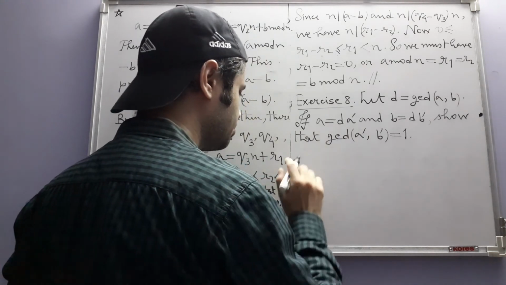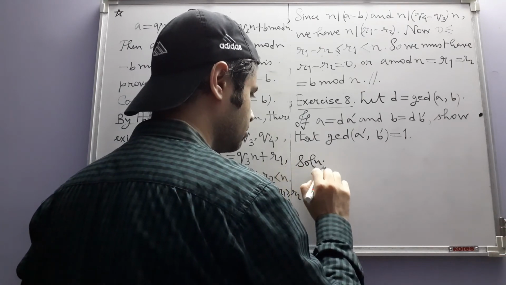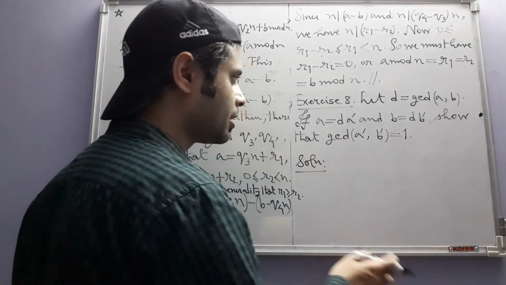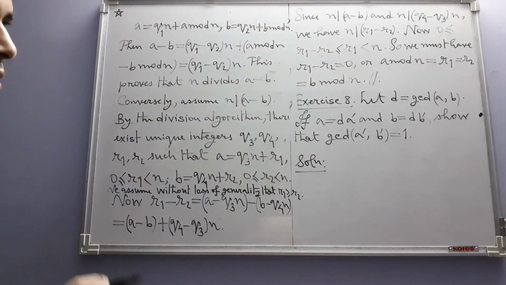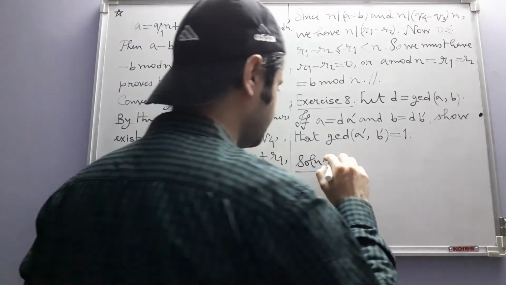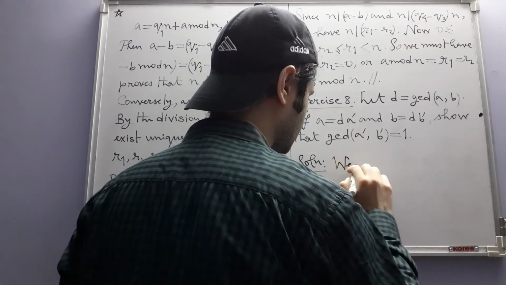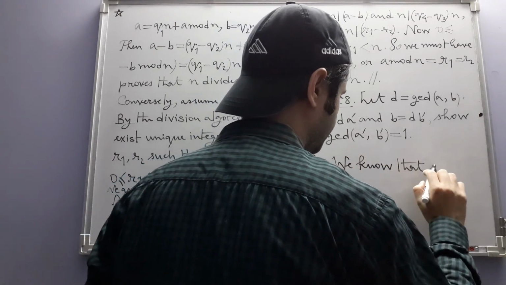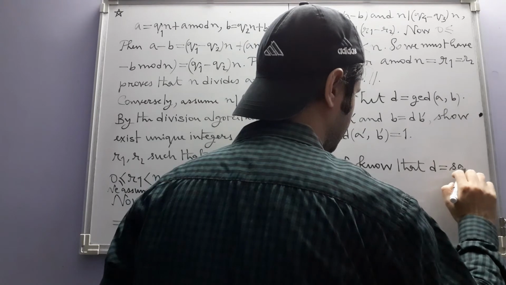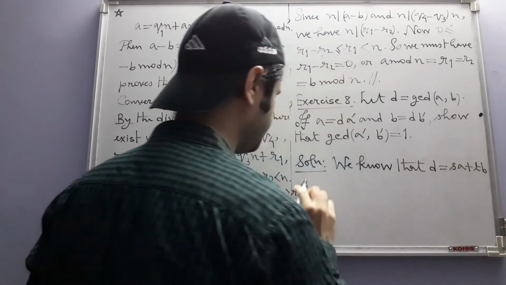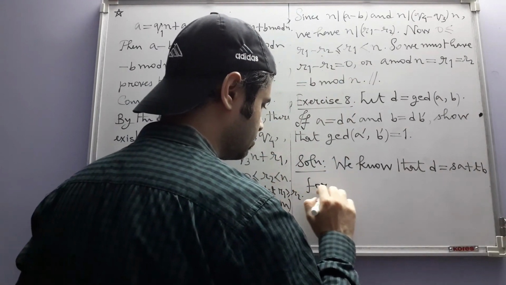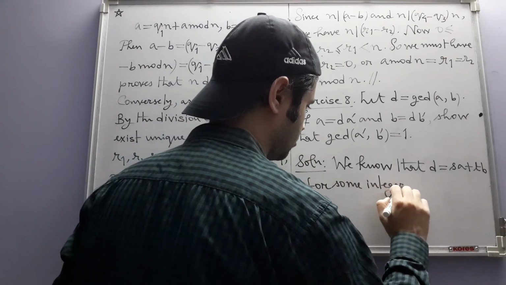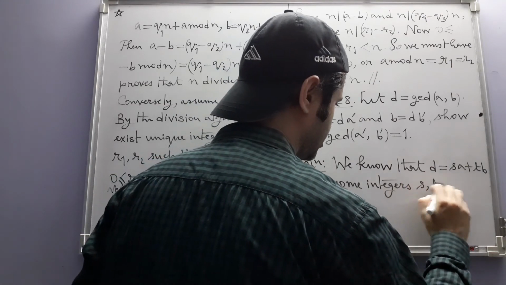Oh, I was writing proof, solution. Okay. Here again we are going to start with the condition that the GCD is a linear combination. We know that d is equal to sa plus tb for some integers s and t.